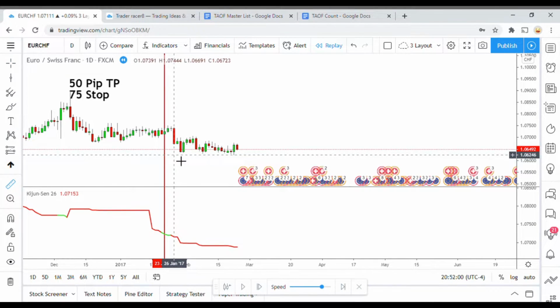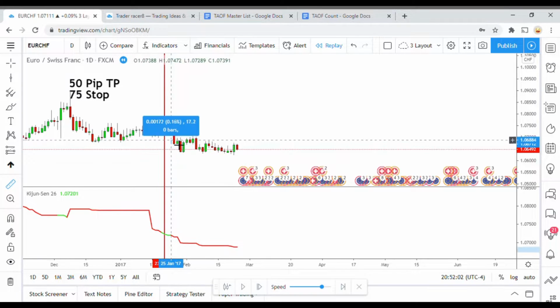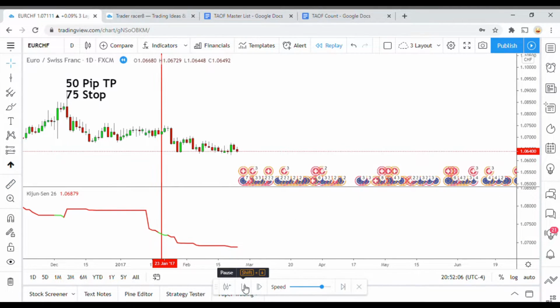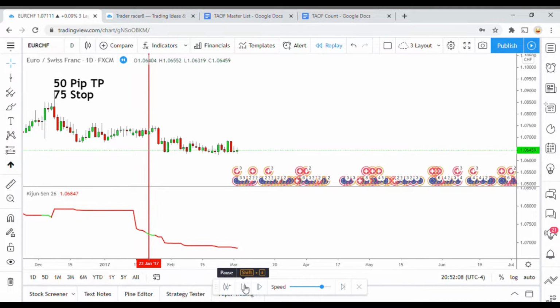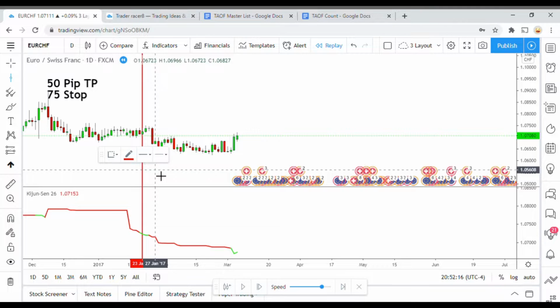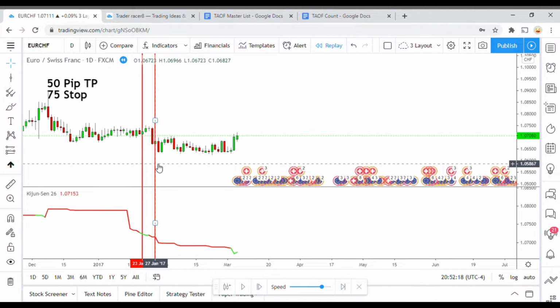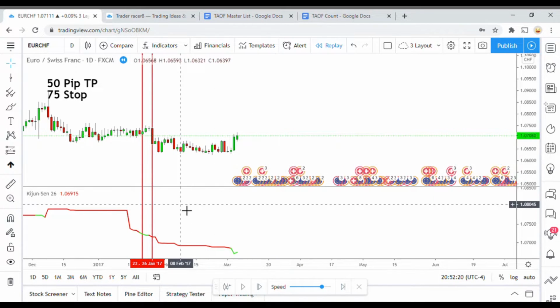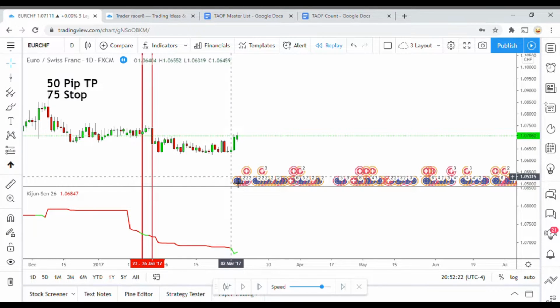Definitely does not want to go down. So we are actually looking at this one here. We haven't got stopped out yet. The Kijun-sen has not given us a signal in the opposite direction. Oh, there it goes now. And so this one as well would have been a losing trade.